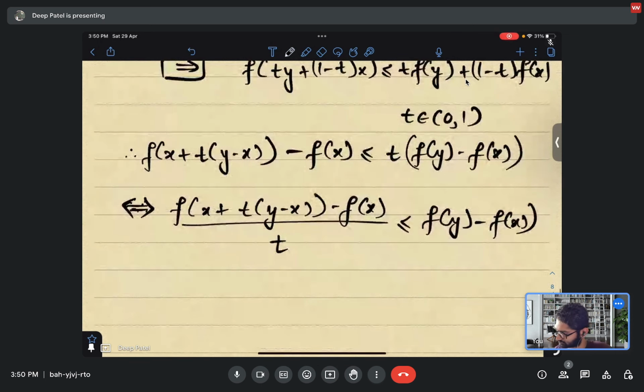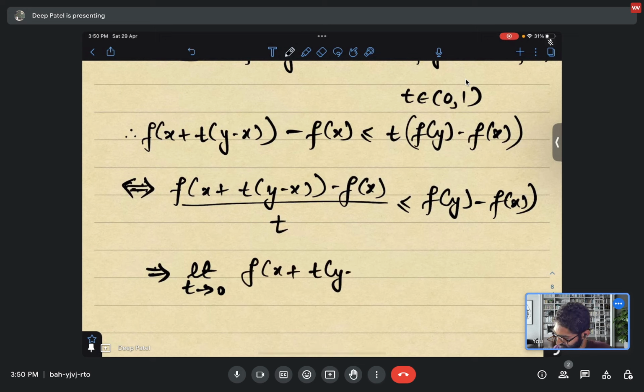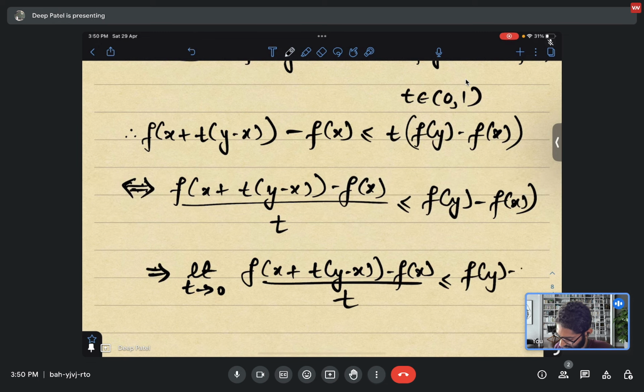Right. So what can I do? I'll take the limit t tends to 0. There's no t term on the right side, so there's no change.